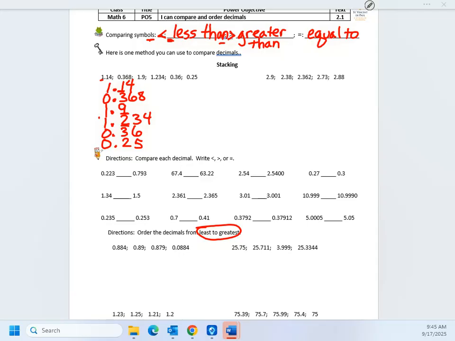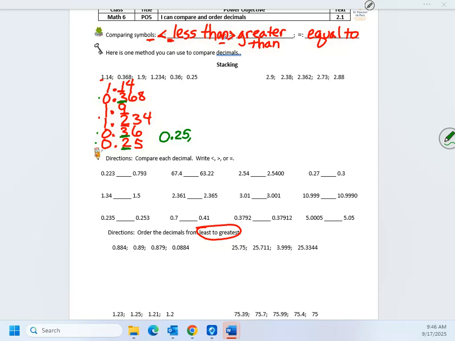Let's look at our three numbers that have the 0. Look at our second column. We see a 3, a 3, and a 2. What's the smallest number, Haley? The 2. So I know my smallest number is 0.25.